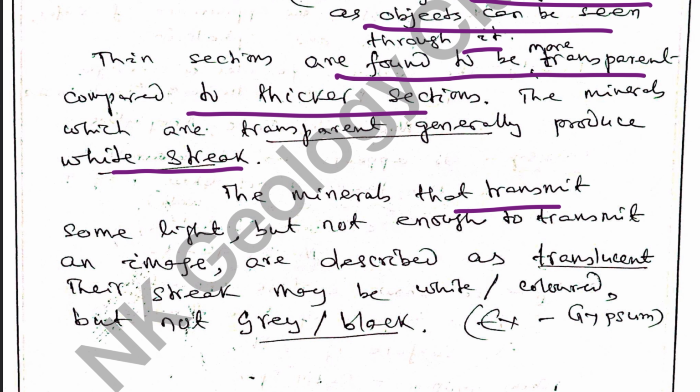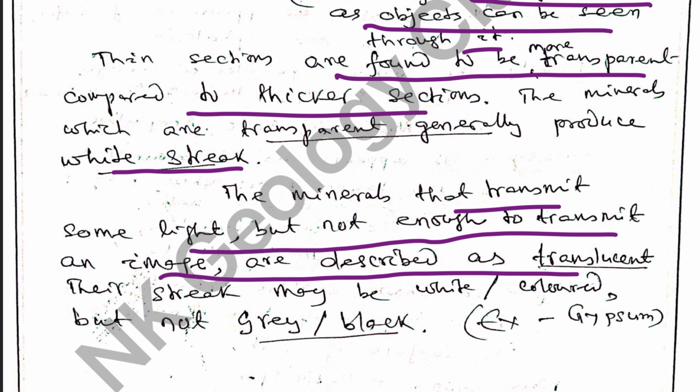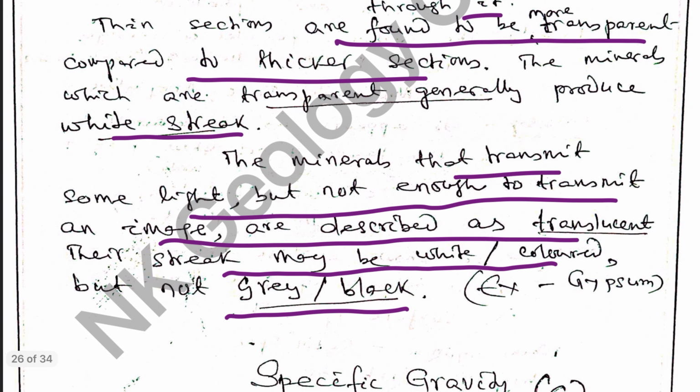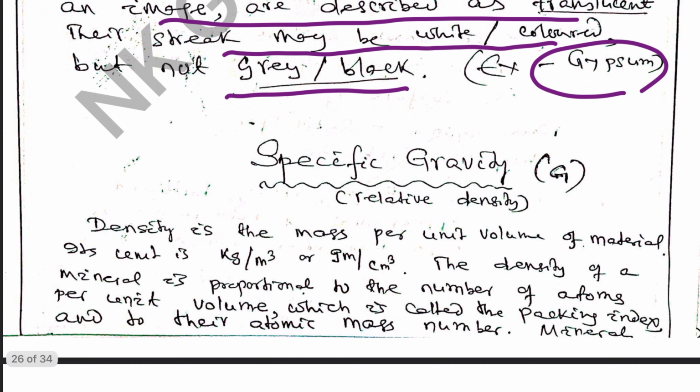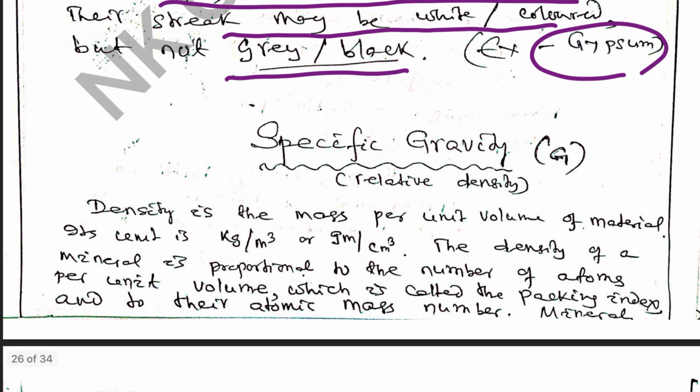The minerals that transmit some light but not enough to transmit an image are described as translucent. Their streak may be white or colored but not grey or black. In case of grey and black, it is opaque. So, gypsum, we can say it is a translucent mineral.